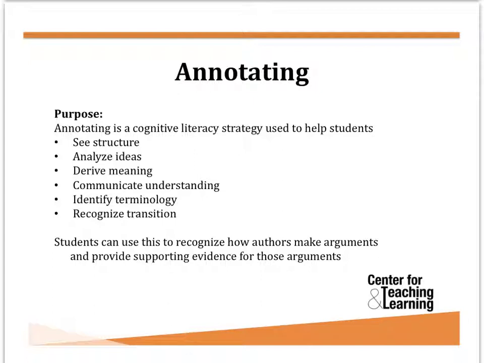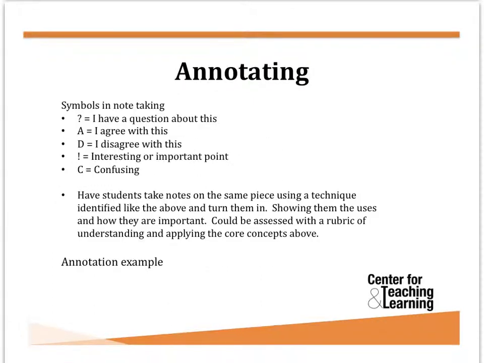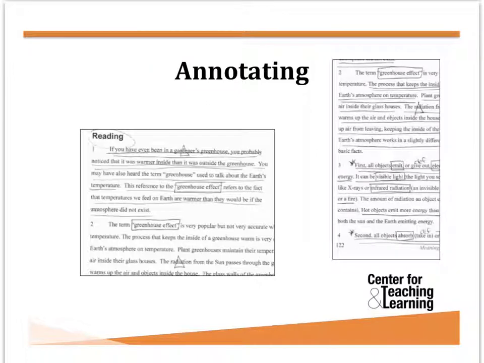Annotating often involves a series of symbols that students can use to identify each of these characteristics. This slide provides examples of one system of annotating. Here you can see a visual representation of how annotating might look on an actual reading page.